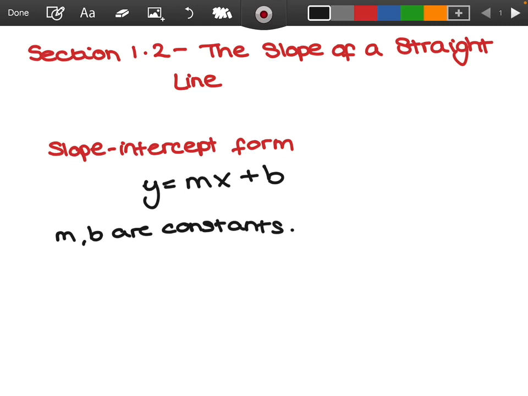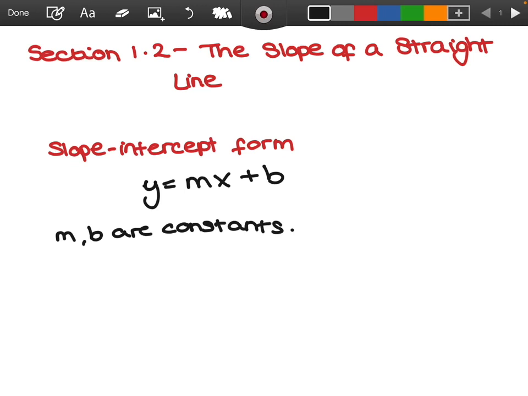That is always the slope-intercept form of the equation of a line. The reason that we can't put a vertical line in this form is because a vertical line is of the form x is equal to a. You cannot rearrange that to have the form y is equal to something in x plus a constant. You can have a horizontal line in this form. It would just mean that m is 0, so the x term would go away and you would have y is equal to a constant.